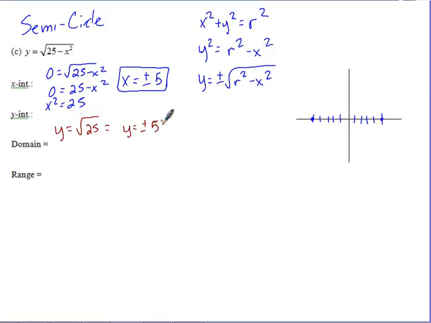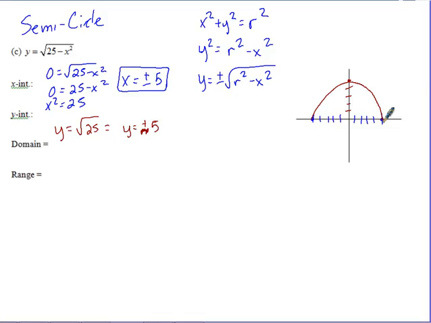But remember, which part are we not paying attention to in this case? The negative version, because I only have a positive top part of the semicircle. Does that make sense? So I'm only going to pay attention to the positive 5. So with this information, I can pretty much graph my little semicircle there.